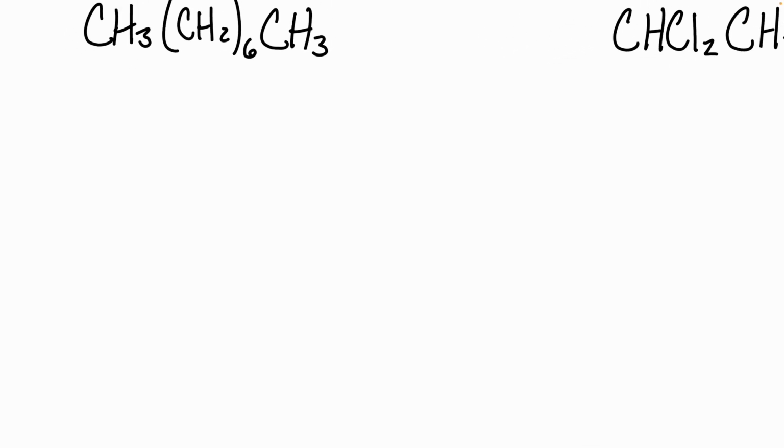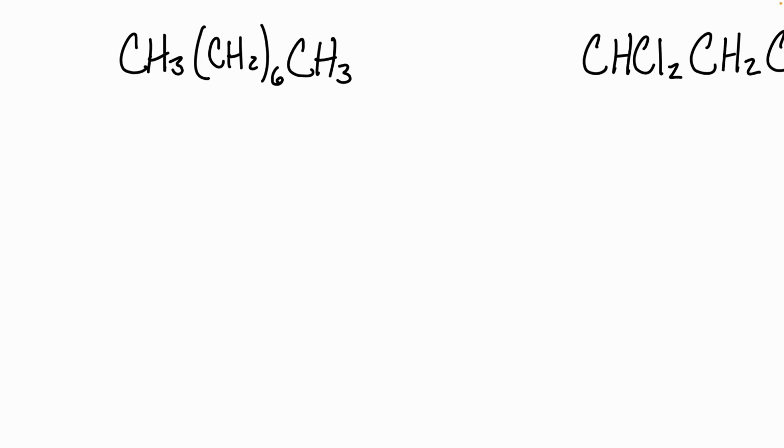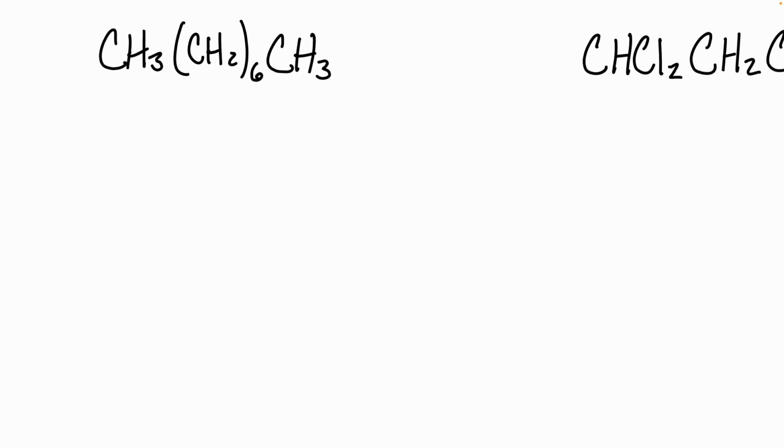All right, so let's do this first one here. My condensed formula has this repeating unit of CH2s. I can see that because it's in parentheses with that subscript out there. So what are the total number of carbons in that molecule? 8. 8, right? I got my terminal carbon, I got 6 in the middle, and then 1 on the other side.